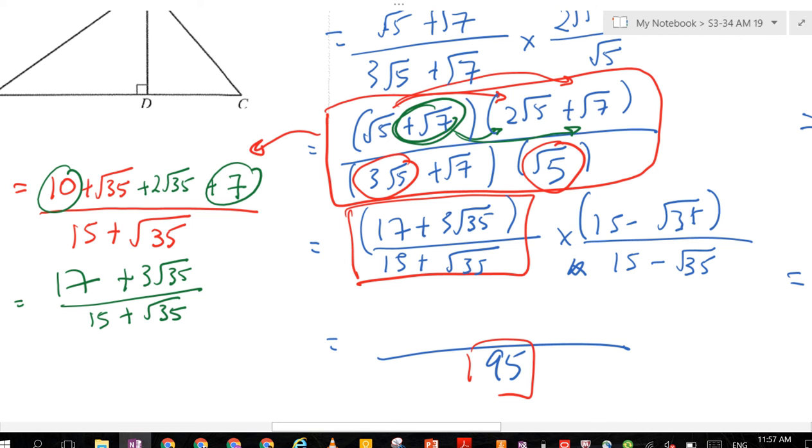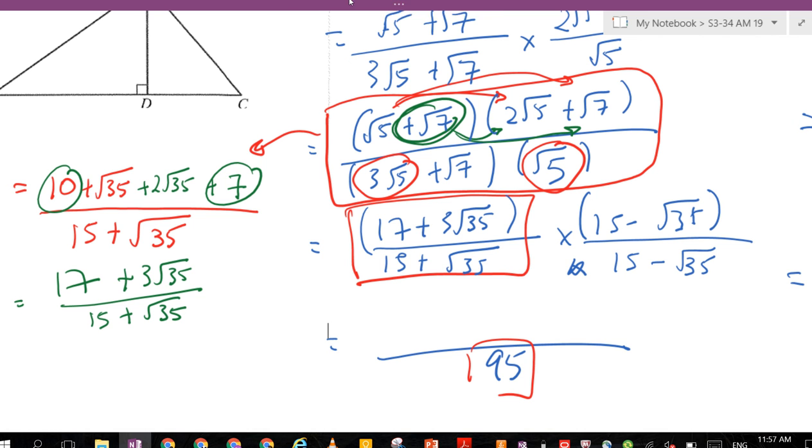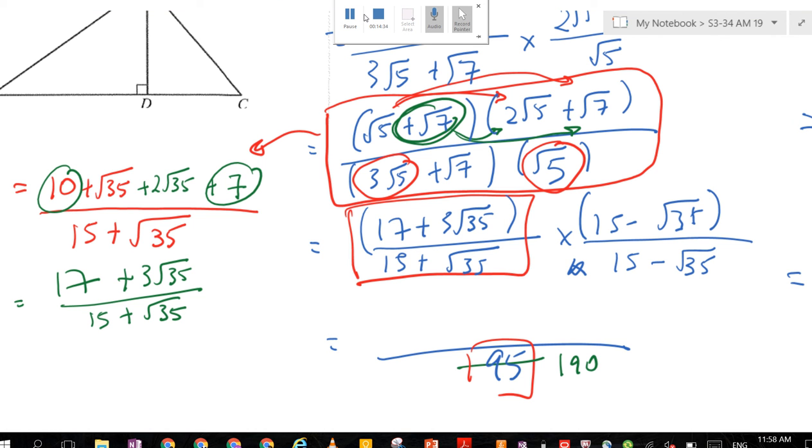With this, can I conclude that Nigel is correct? Multiply by this. Next one, dispute. 95. Do you get 95? Who got 95? Okay, stop.